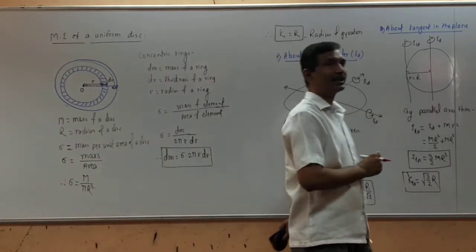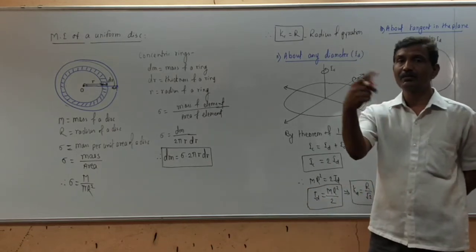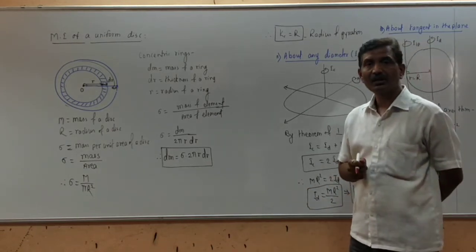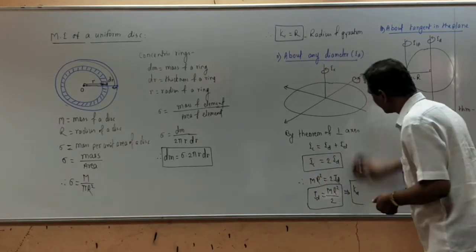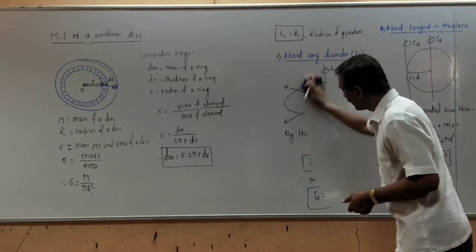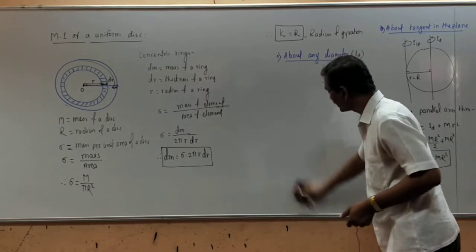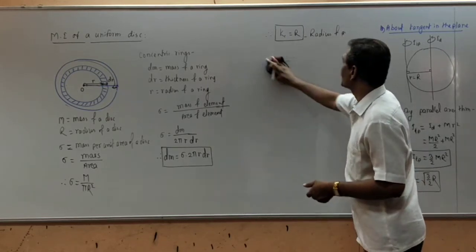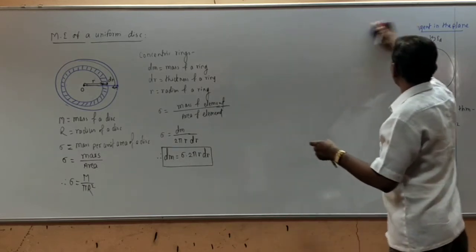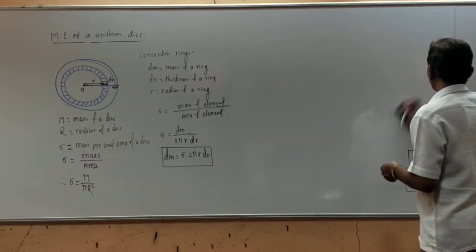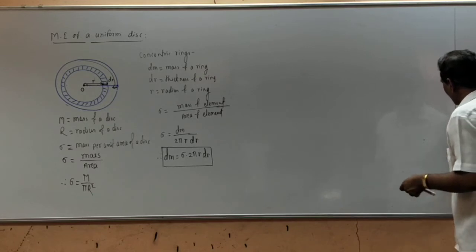The addition of the moment of inertia of all the rings gives us the moment of inertia of the whole disk. That is why we require the moment of inertia of the ring which we consider here.